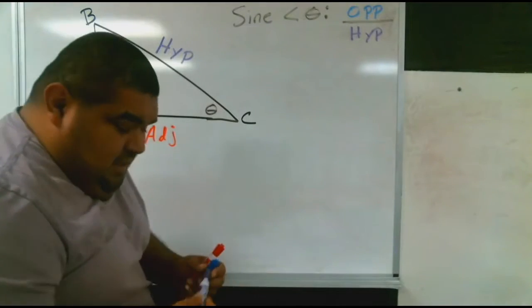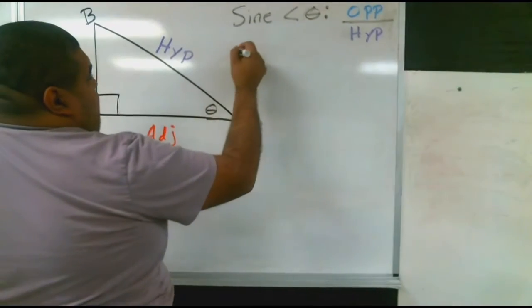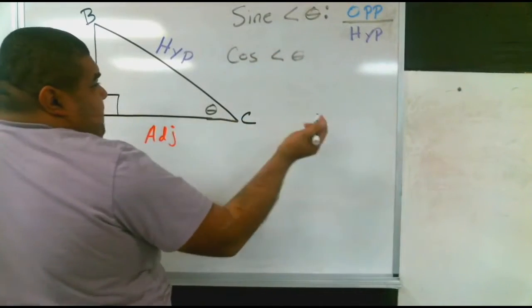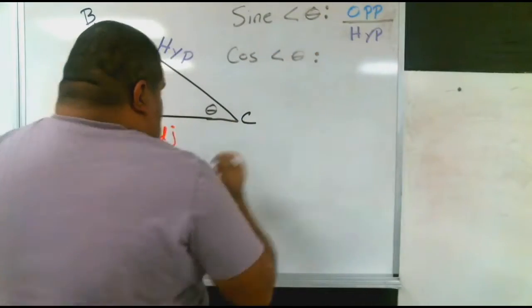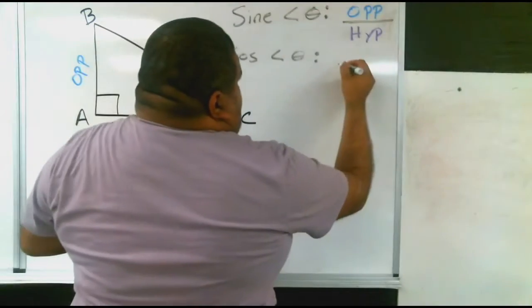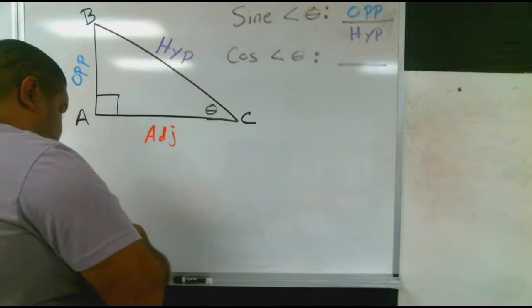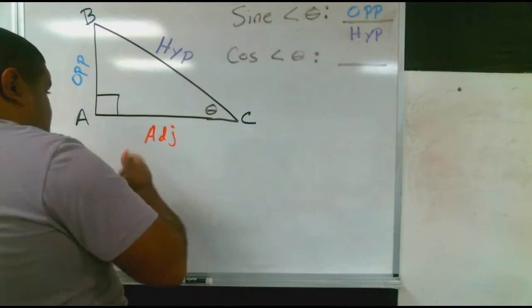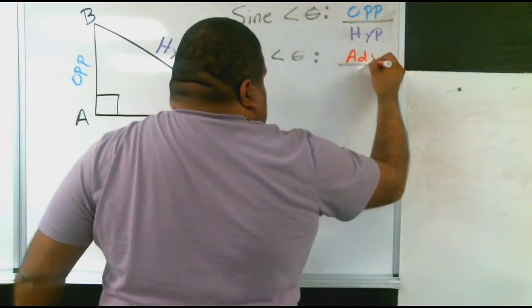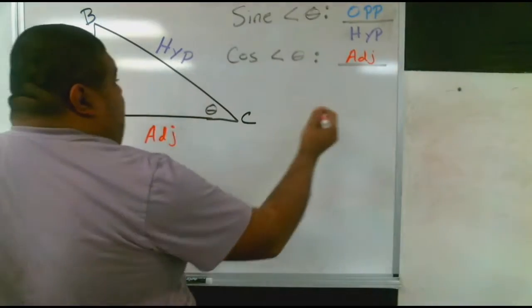If we wanted to solve for cosine of theta, cosine of angle theta, which in this case is C, we use adjacent over hypotenuse.